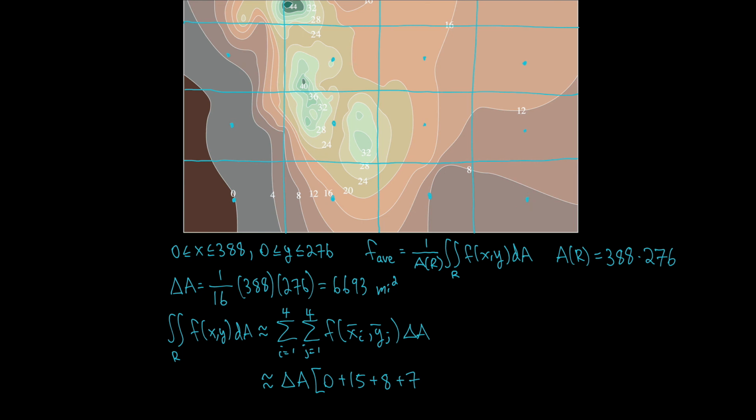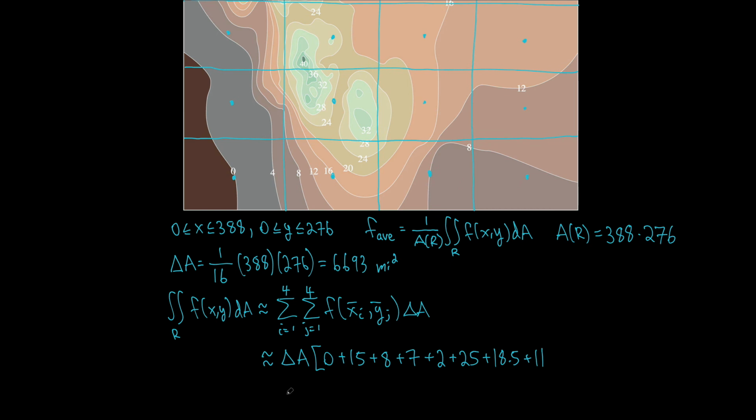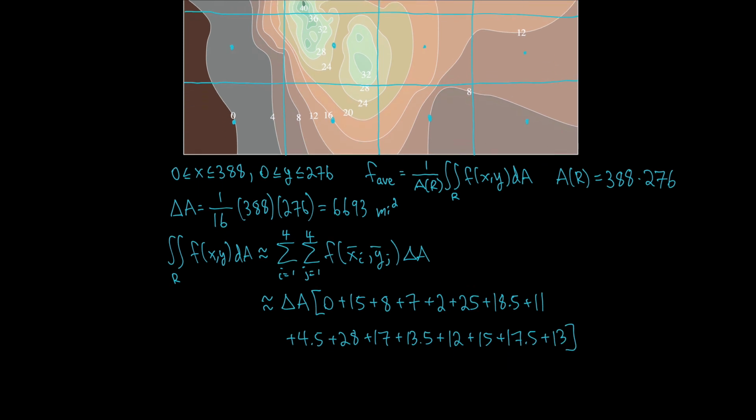And then I'll start over and go to 2 and then 25, 18.5, 11, 4.5, 28, 17, 13.5, don't look at the decimal, okay, 12, 15, 17.5, and 13. So 16 different midpoints.